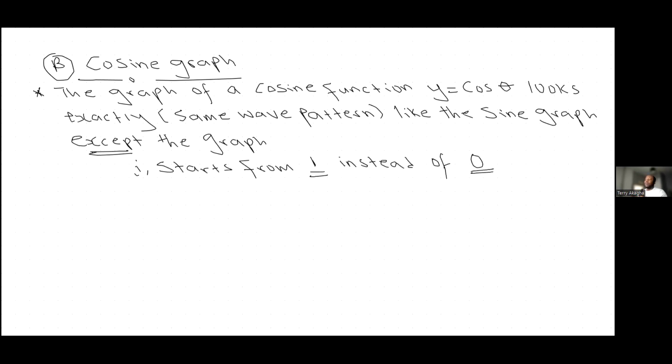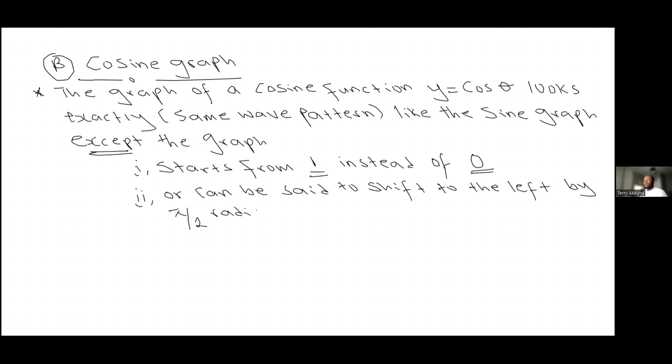Or some textbooks can decide to say it's like a sine graph, but it's shifted to the left by pi over 2 radians or 90 degrees.